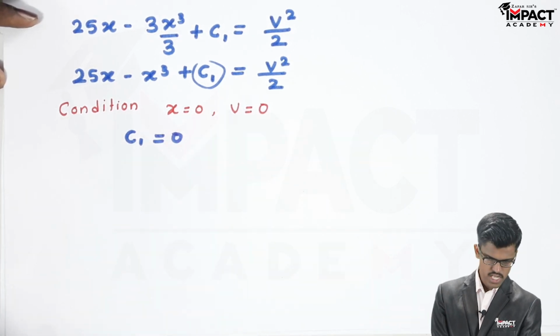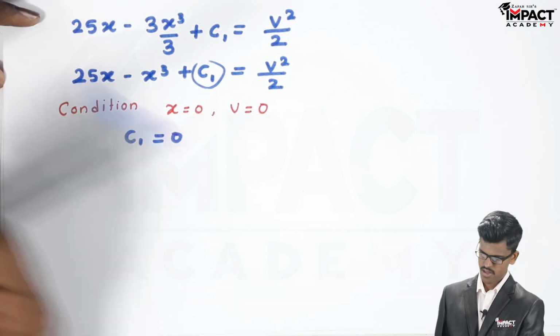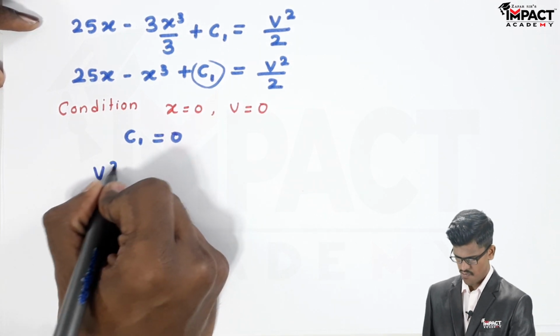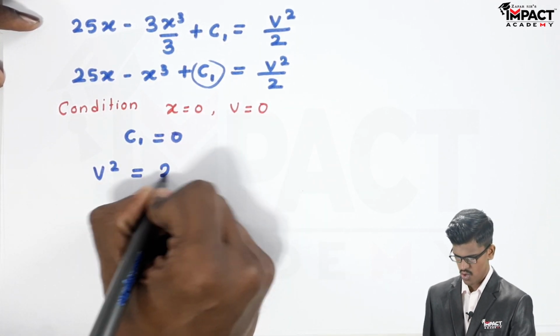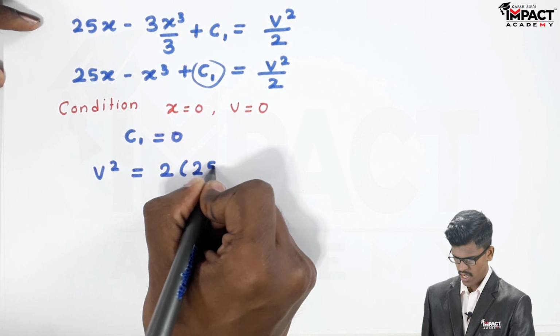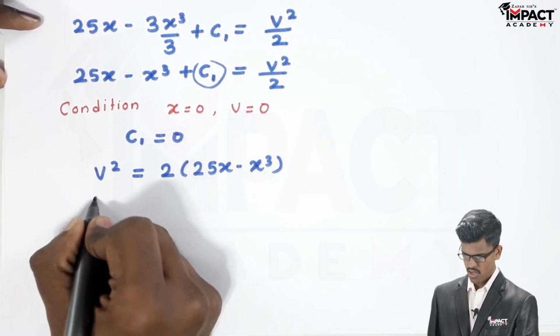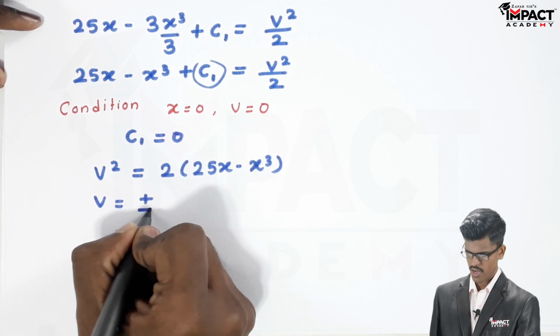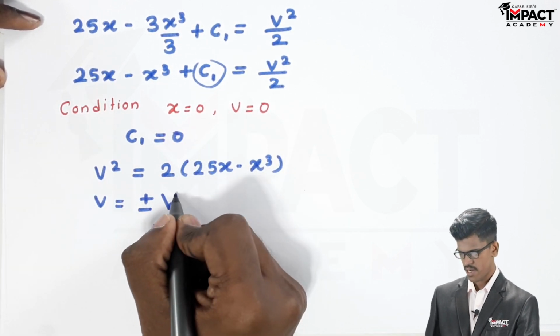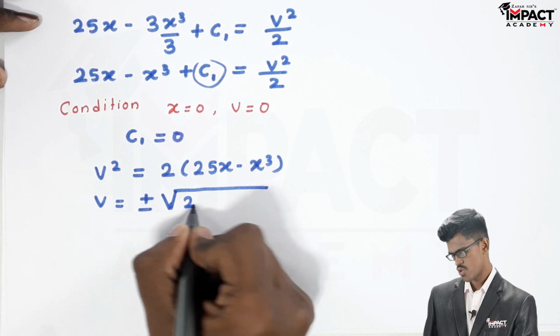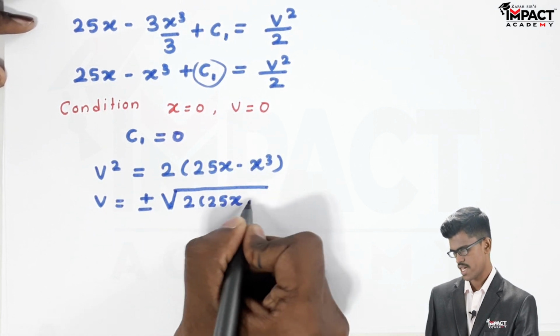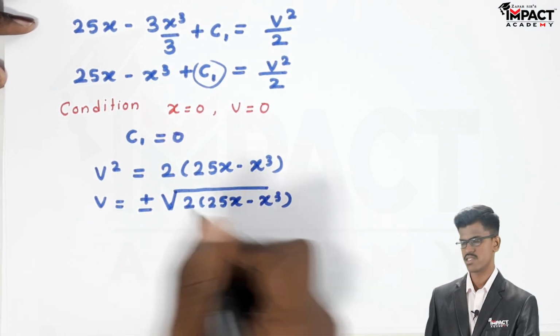So we get the equation of velocity: v² = 2(25x - x³). Taking the square root on both sides, we get v = ±√(2(25x - x³)).